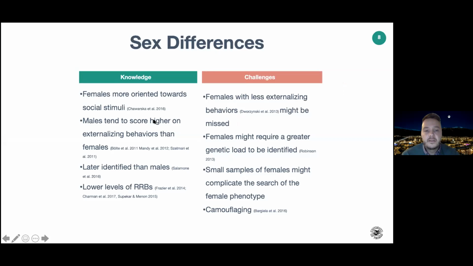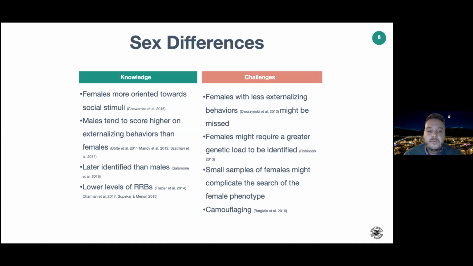And regarding sex differences, we do have some knowledge that there are sex differences in autism. For example, we know that females are more oriented towards social stimuli. We also know that males tend to score higher on externalizing behaviors than females. So they have more behavior outwards, for example, temper tantrums and other problem behavior, while females more often internalize these behaviors, so more anxiety, social anxiety symptoms, depression.